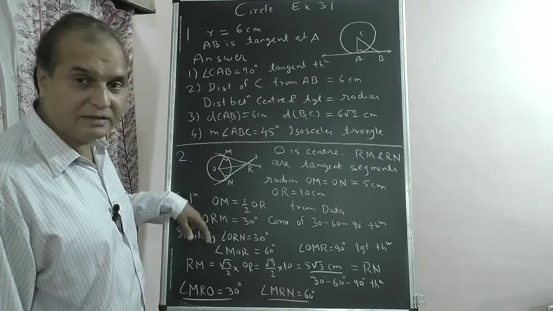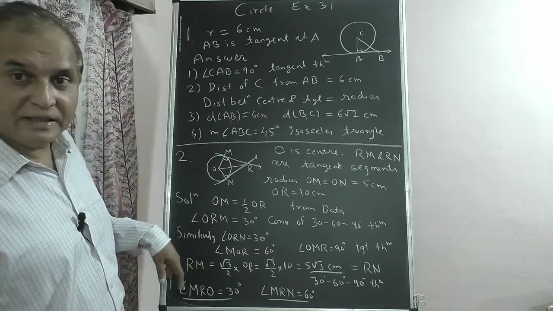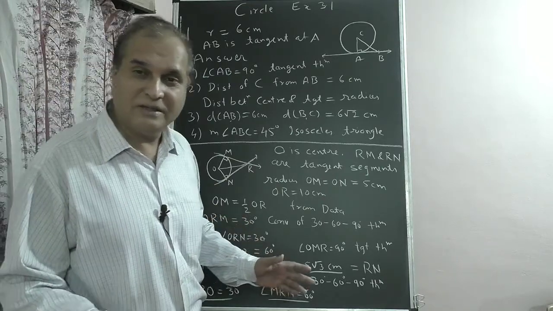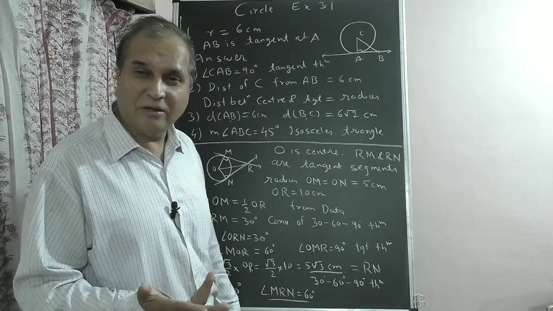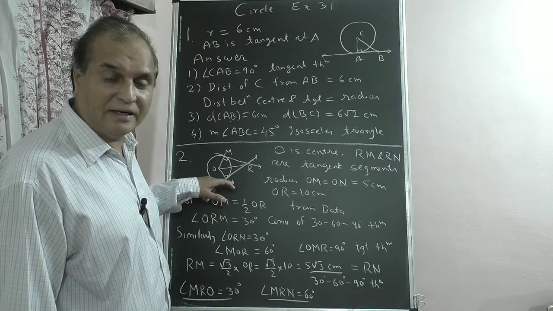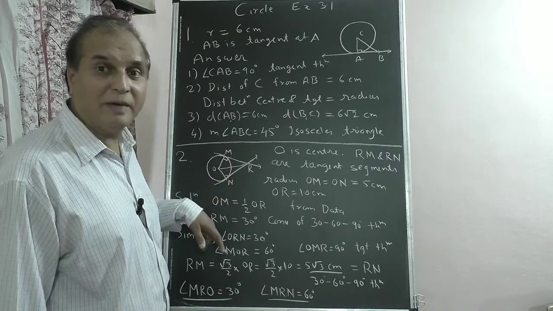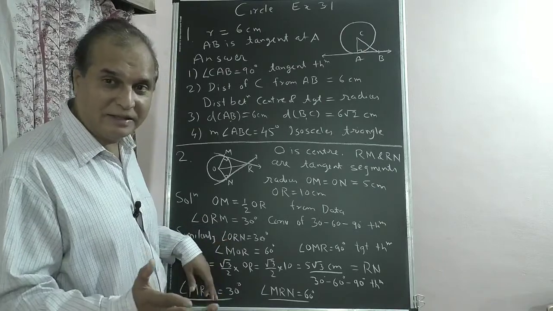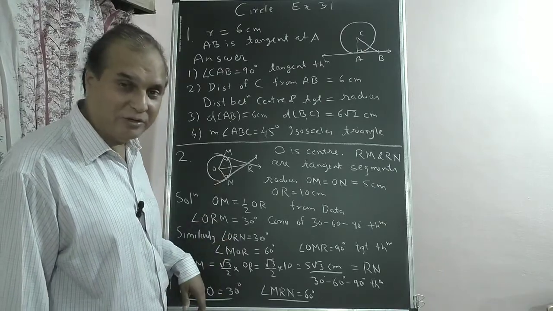So this is a 30, 60, 90 triangle. We will directly use the 30, 60, 90 triangle theorem. Or if you use Pythagoras theorem, give the reason accordingly. These are two sides in a right angle triangle, so you can go for Pythagoras theorem also. That is also correct, but give the corresponding reason. I have just explained how to do it.